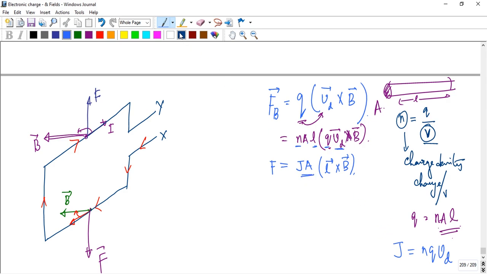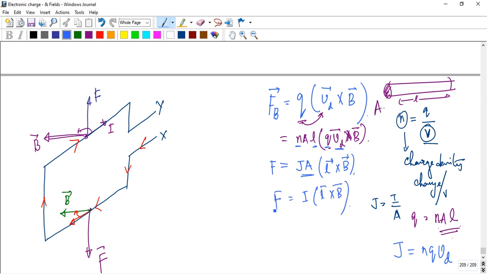J is the current density, current per unit area, I by A, so J times A gives I. Finally we get the expression: J A L cross B equals I L cross B.